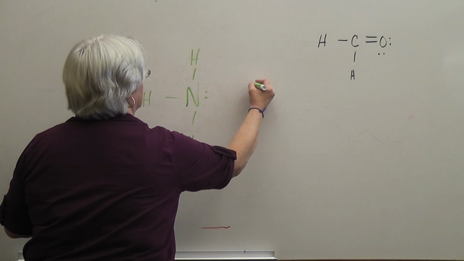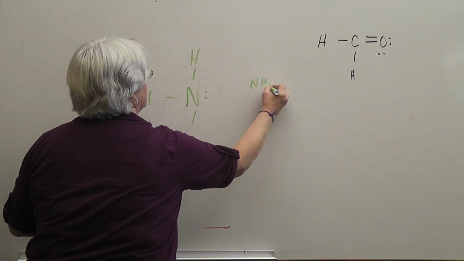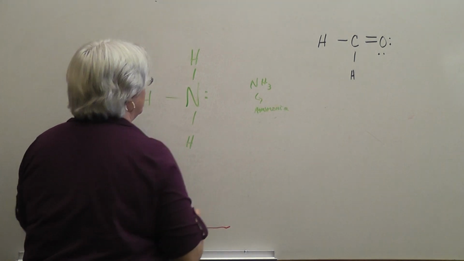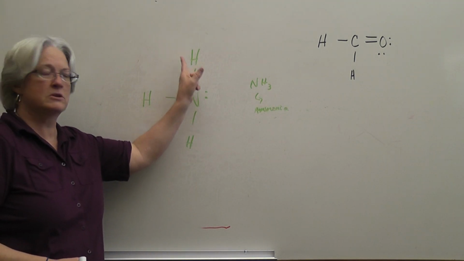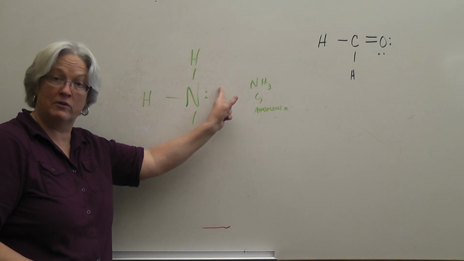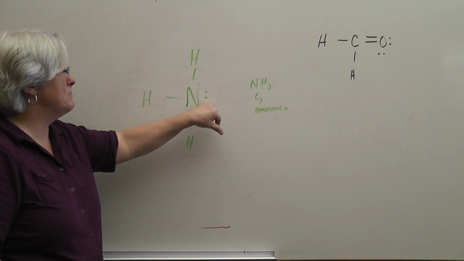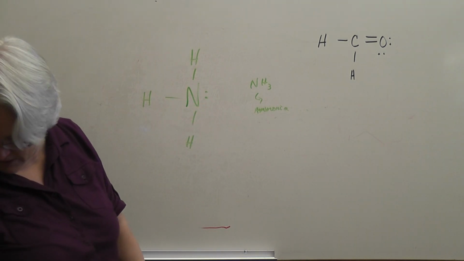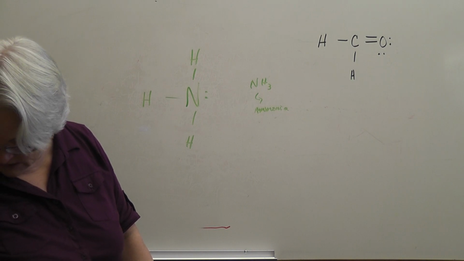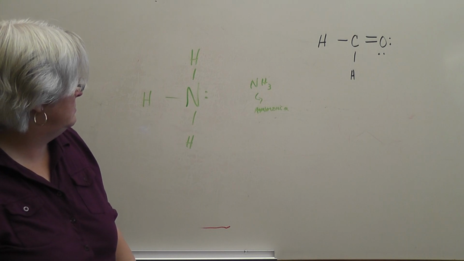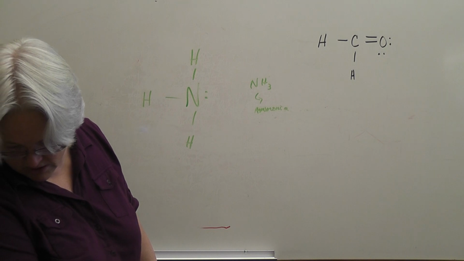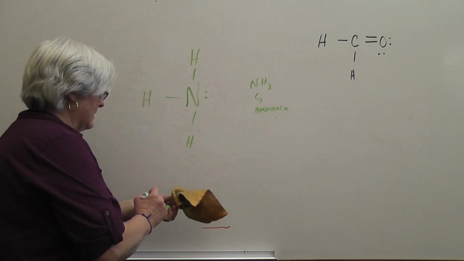This is ammonia, which is NH3. Ammonia. 1, 2, 3 bonds. So we have 2, 4, 6 electrons, 8 electrons, but this pair of electrons over here is not bonding. So this is what they call pyramidal. It's pyramidal.